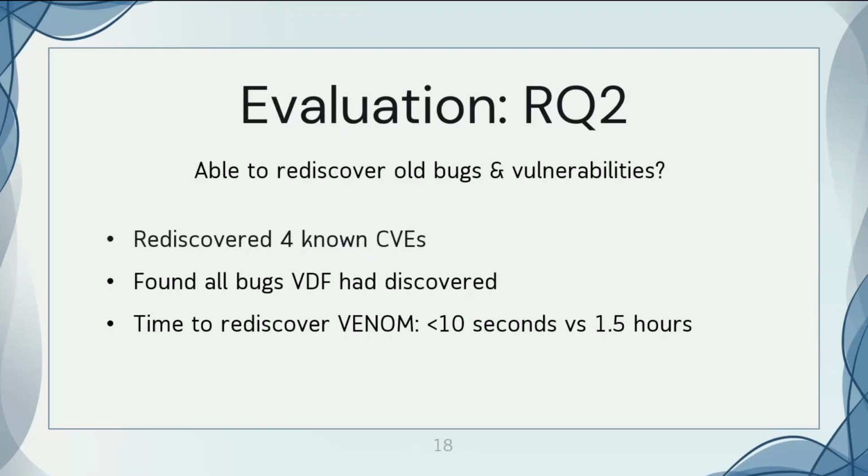They also noted Venom, which is a vulnerability found in QEMU's virtual machine, a pretty prominent CVE. It discovered this bug in under 10 seconds, while the original fuzzer that found this bug took over 1.5 hours to find it.